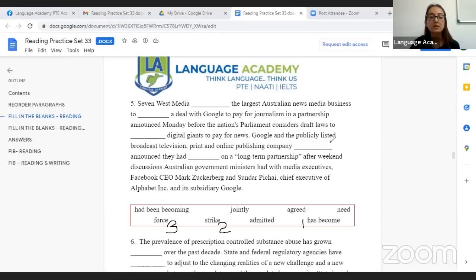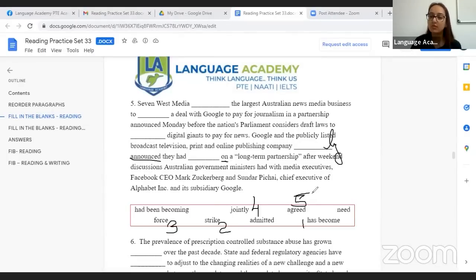Google and the publicly listed broadcast television, print and online publishing company announced. So it is complete. Announced is a verb, then we will go with adverb here. So we have only one adverb. They jointly announced that they had dashed on a long-term partnership. Something that goes with on, they announced that they have agreed on.